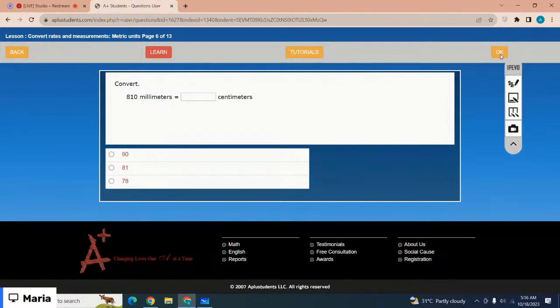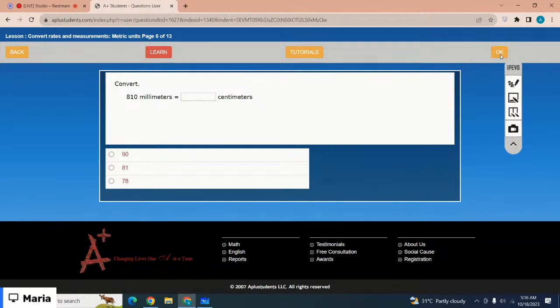810 millimeters equal how many centimeters? The correct option is 81 centimeters. 810 millimeters equal 81 centimeters.